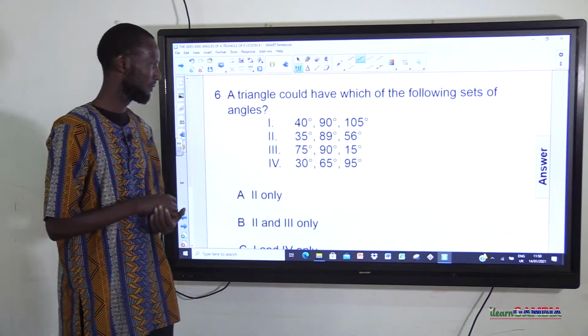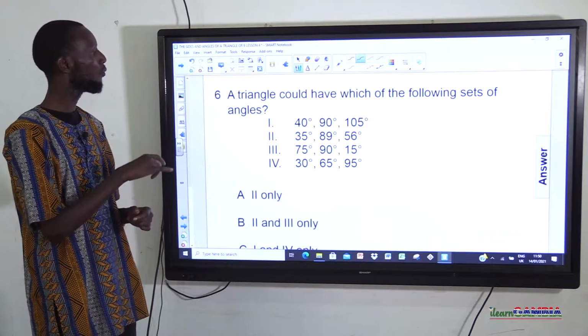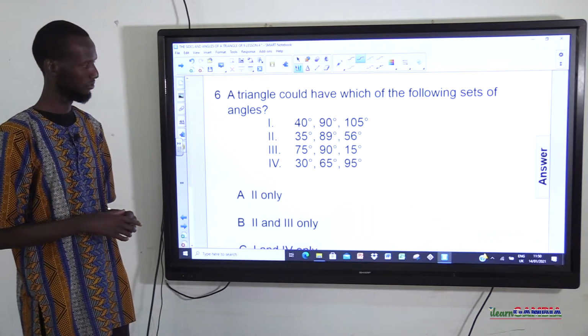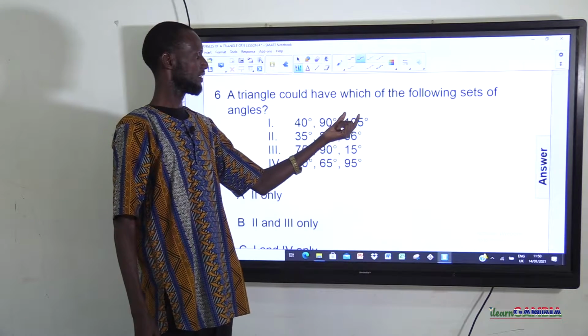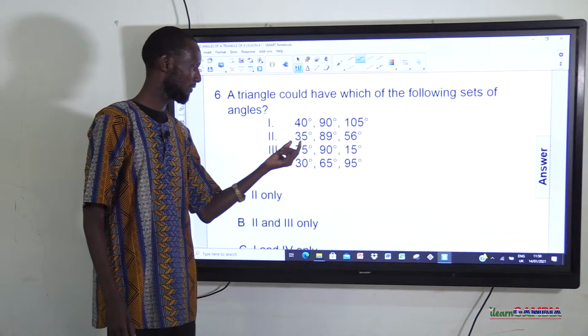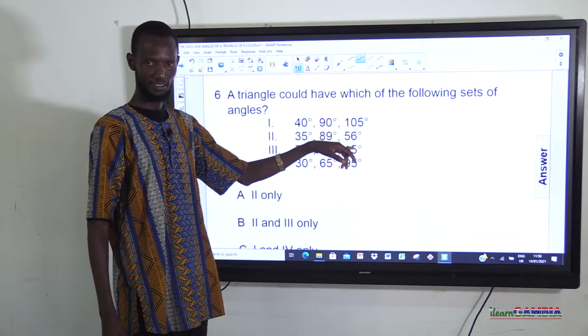Now this is for you to determine. A triangle could have which of the following sets of angles? We have 40 degrees, 90 degrees, and 105 degrees. Then you have 35 degrees, 89 degrees, 56 degrees.